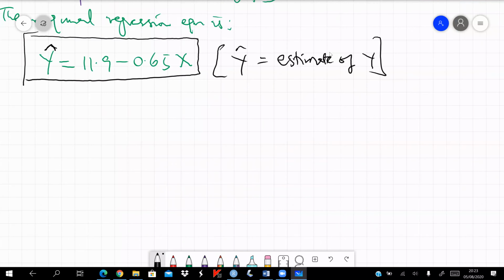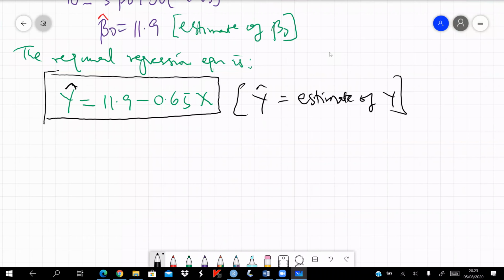So what this equation means is that if you were to sketch it, it would look something like this. As you can see, the slope is negative, and it cuts the vertical axis.